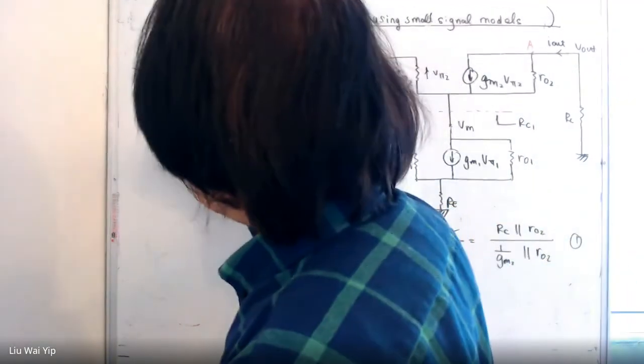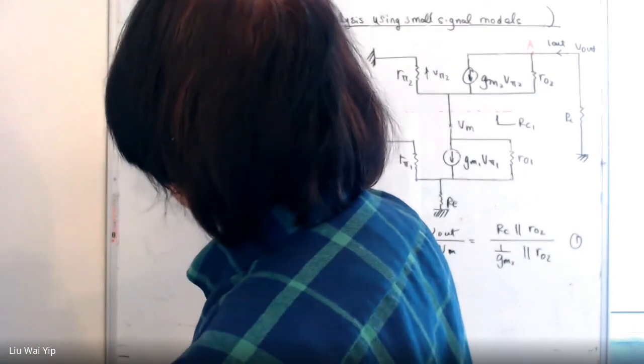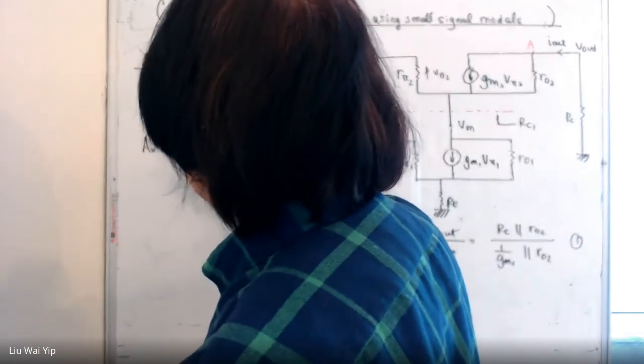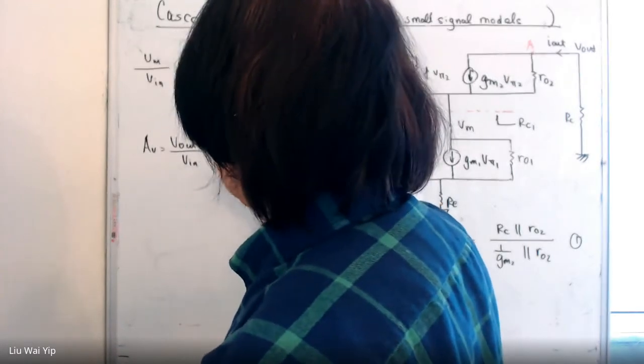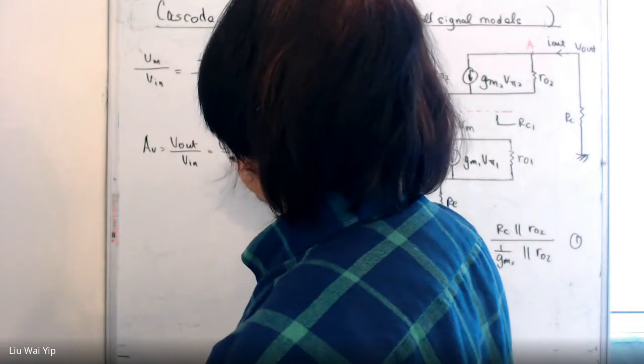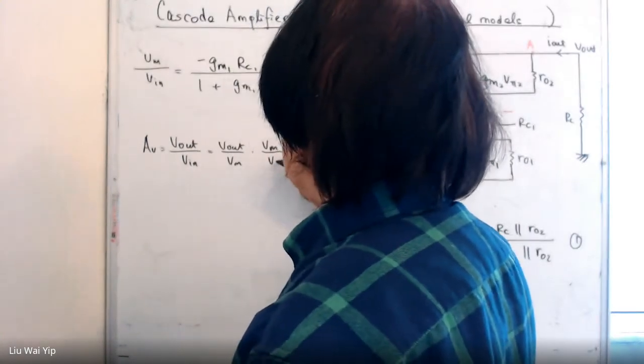Av is equal to Vout over Vin, which is also equal to Vout over Vm times Vm over Vin.